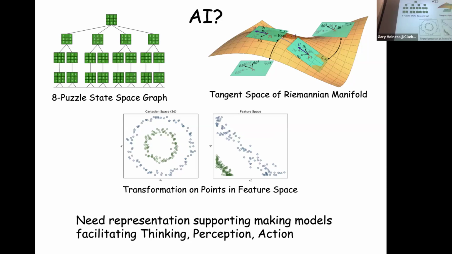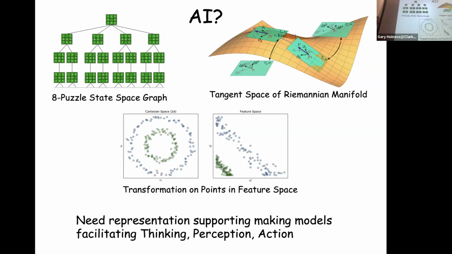Let's take this example on the left. In your mind, you swap. This is an eight puzzle state space. And an eight puzzle, kind of like that dog toy that Raja defeated, has a bunch of tiles labeled one through eight. And there's an empty space, and you slide these tiles either up, down, left, or right in order to place them in numerical order, left to right, top to bottom.